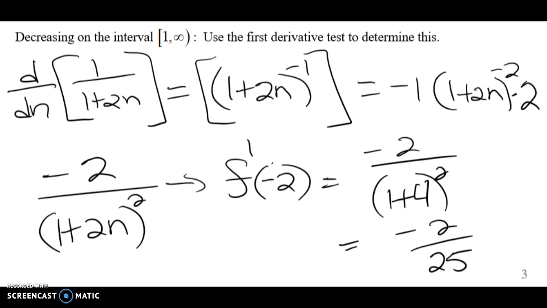Since the series is positive, continuous, and decreasing on the interval from 1 to infinity, we can use the integral test. So now we're going to take the integral of 1 over 1 plus 2n from 1 to infinity with respect to n. What we have here is an improper integral because we have an infinite limit, which means we need to rewrite this integral before we can integrate.